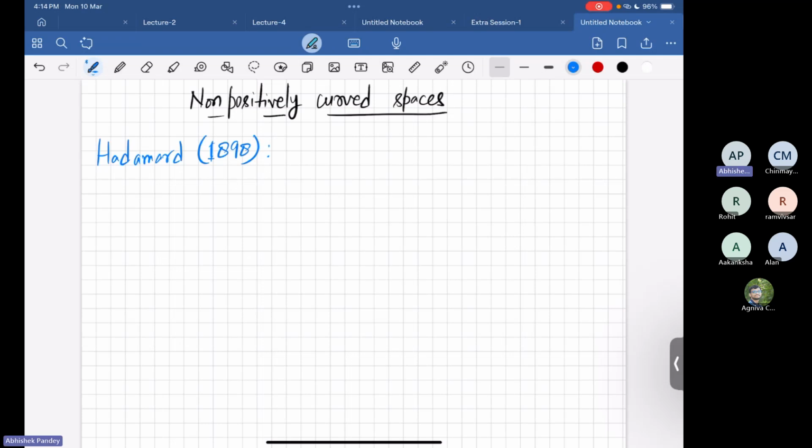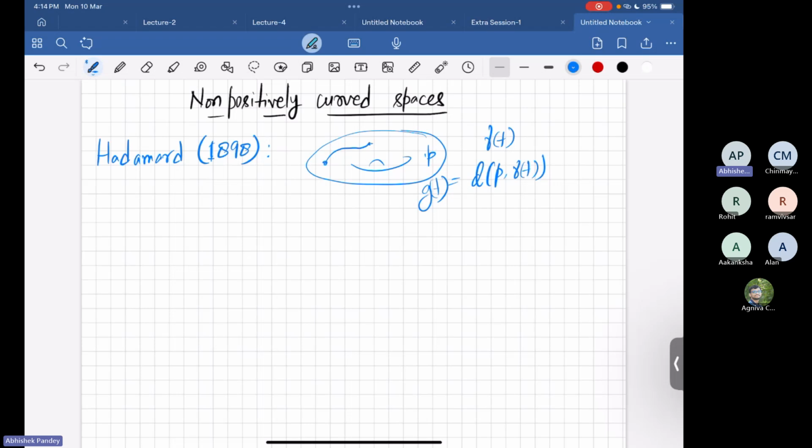It means that if you take a surface and a point P, and take any 2 points and a geodesic joining these 2 points, then the distance between P and, let us say, gamma of t, this function of t, is going to be convex.